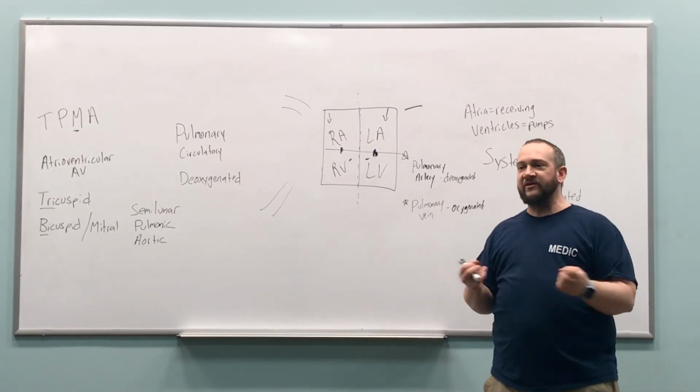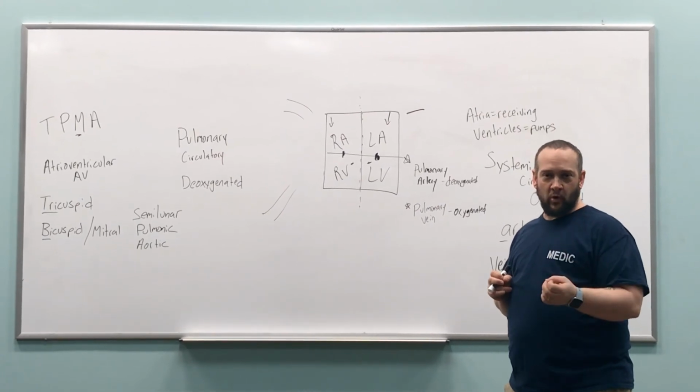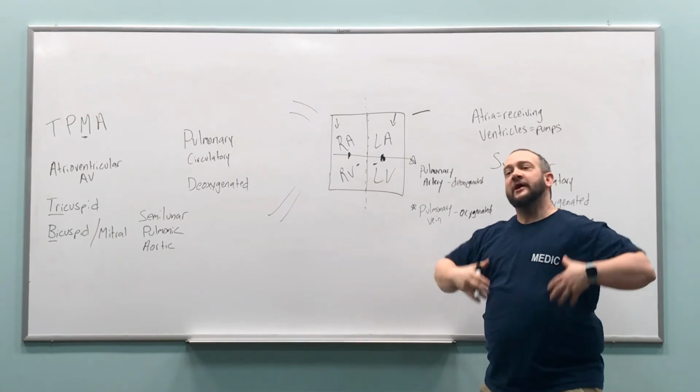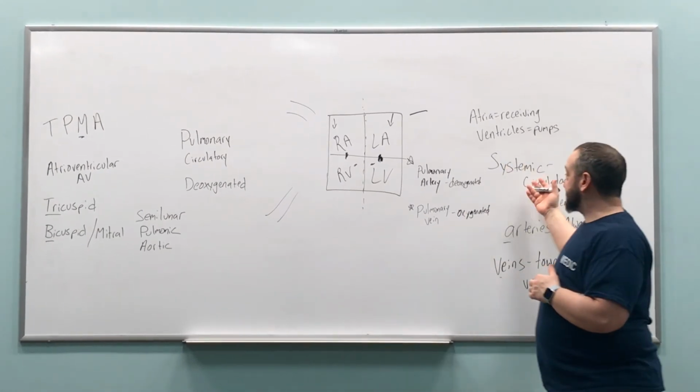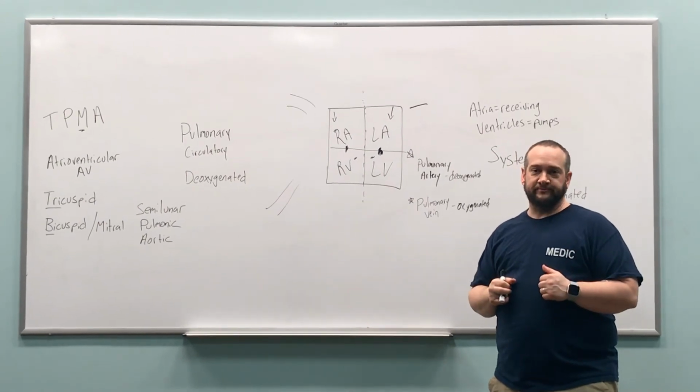All of our organs, every cell in the body requires a consistent supply of oxygen, of glucose, and water, right? So the left side of the heart is what pumps that into our systemic circulation, allowing all of the cells of the body to now get their oxygen, okay?